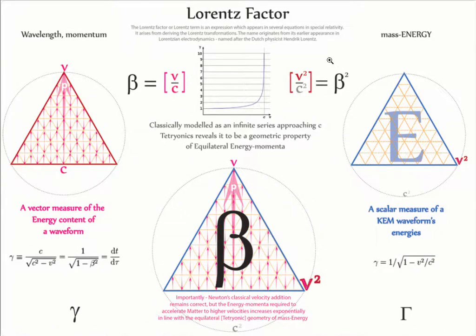In the case of a scalar measurement, obviously we're measuring V squared versus C squared, the square of the linear. Again, you can see the relationships between linear as square roots and scalar energies, or mass energies, within the same field. They're all expressed with beta, or Lorentz velocity correction factors.